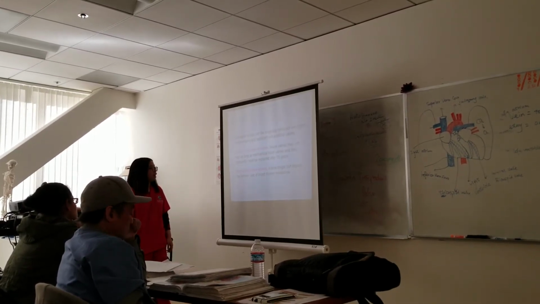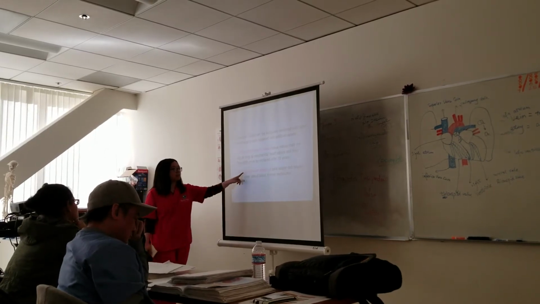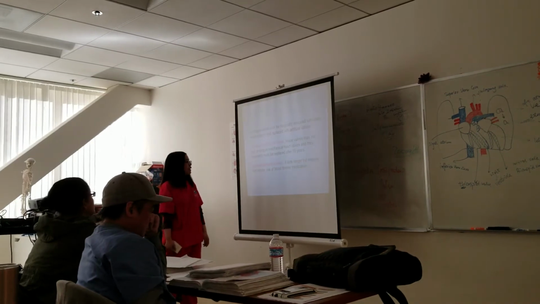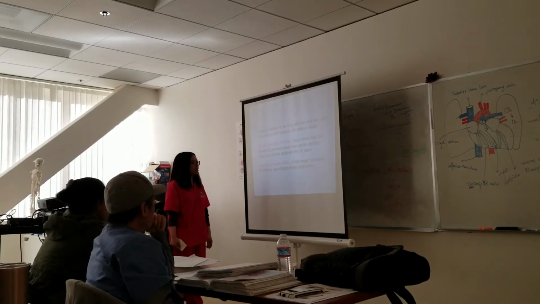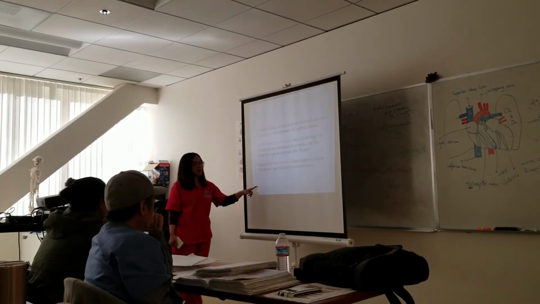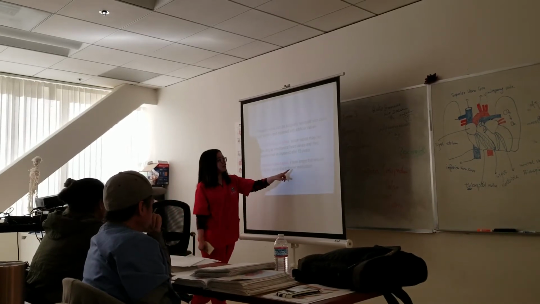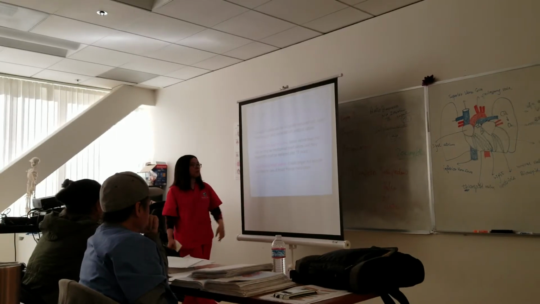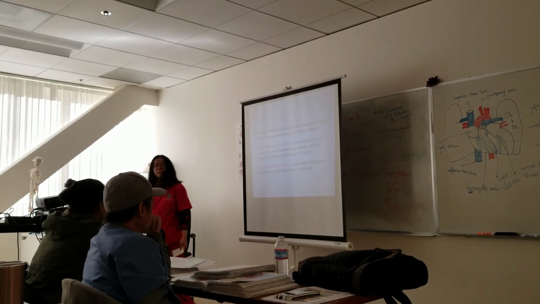Sometimes it must be replaced after several years. The second option is mechanical heart valves, which also have a disadvantage. It lasts longer but requires lifetime use of blood thinner medication.